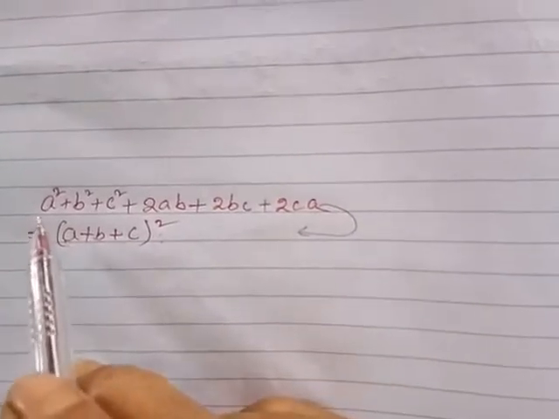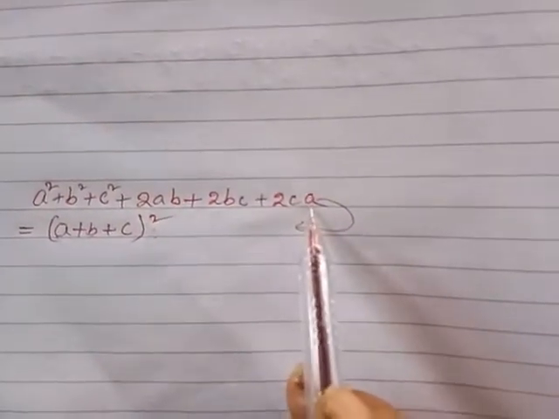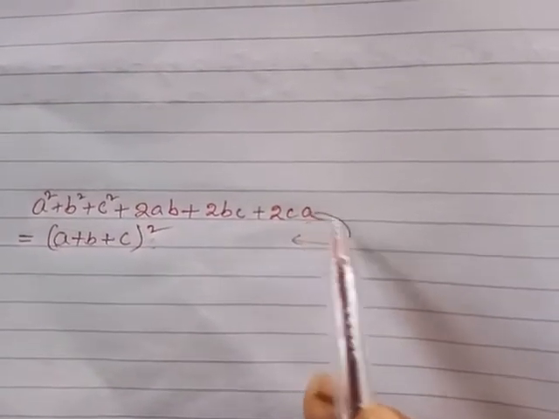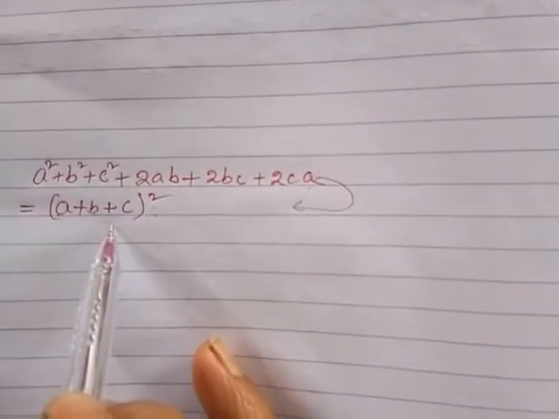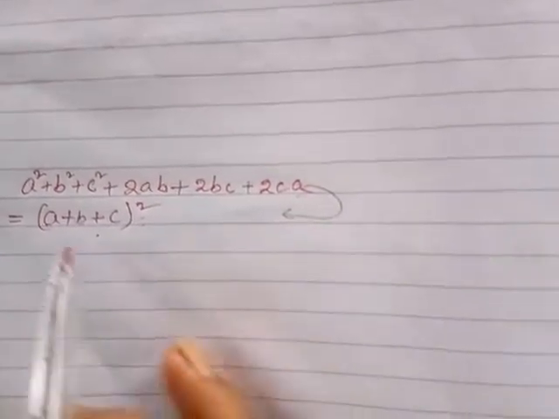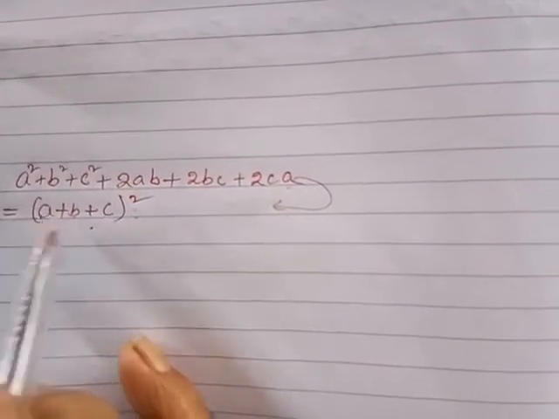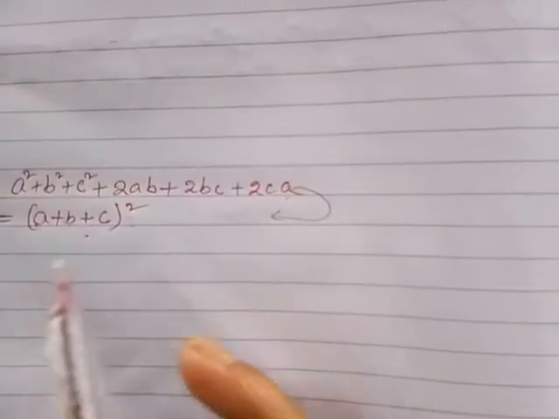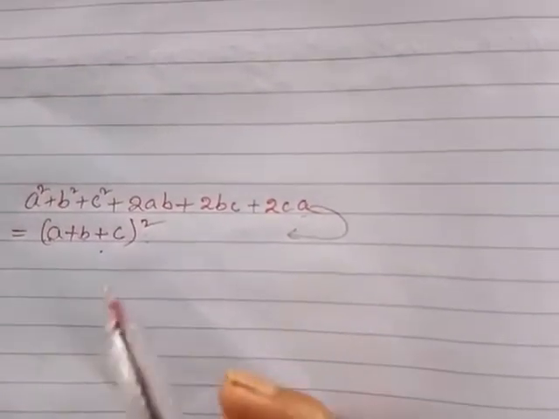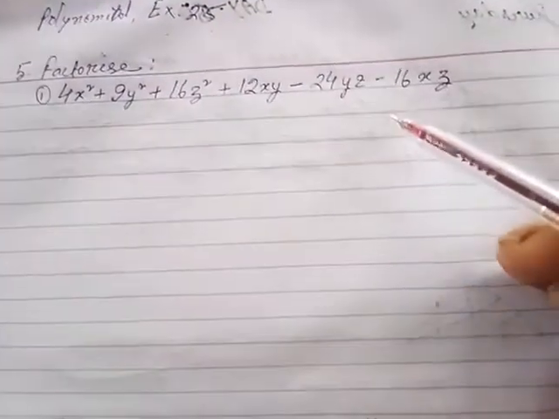I'll repeat. If any expression is in this form and you are asked to factorize, then you just turn it into this form, because it is a product: (a + b + c) into (a + b + c). Similarly, here this expression is exactly in that form.